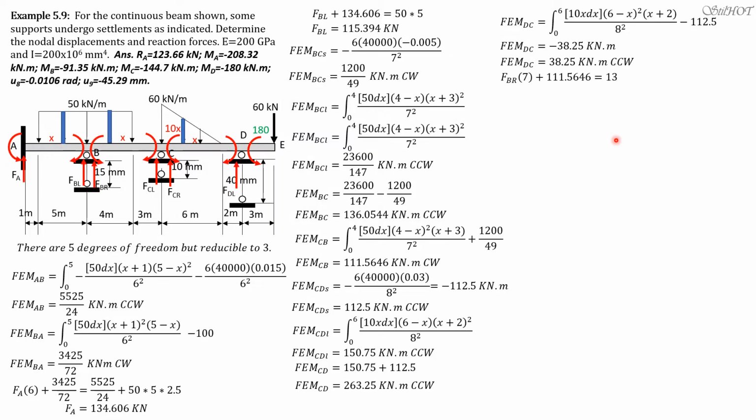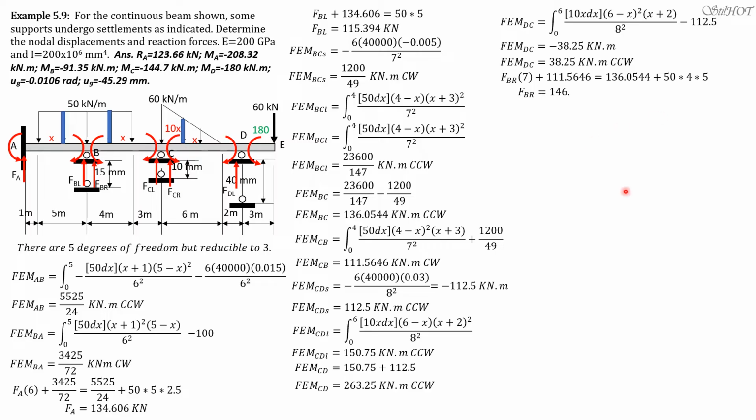Take note of that. So summation moment about D, considering BC. C is 0, so FBR times 7 plus fixed moment CD, 111.5646, is equal to fixed moment BC, which is 136.0544, plus the moment of the load, this is 50 times 4 times 5.